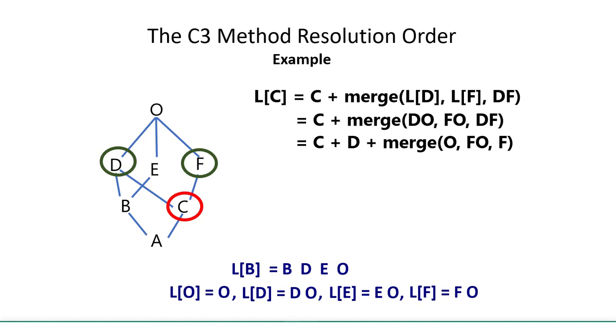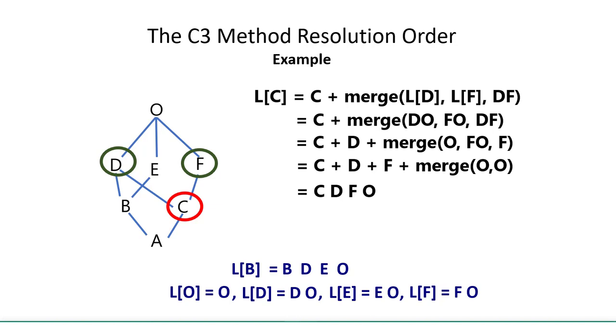So we are going to remove this class F and place it as part of the linearization of class C. So the new expression will be class C plus class D plus class F, and finally we have the merge of two same classes. The merge of two same classes will be the class itself. So the last expression would be C followed by class D followed by class F followed by class O. So the linearization of class C, or MRO of class C, is nothing but class C followed by class D followed by class F followed by class O.